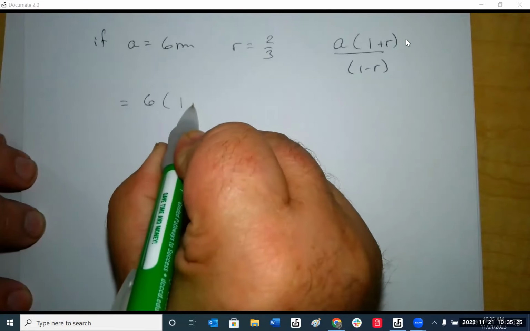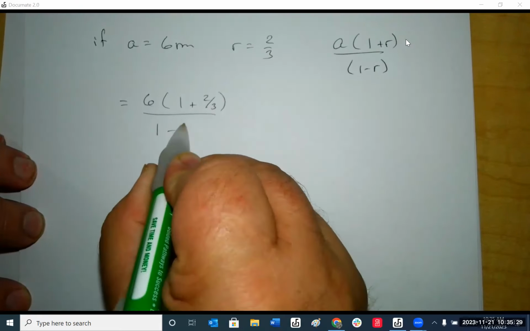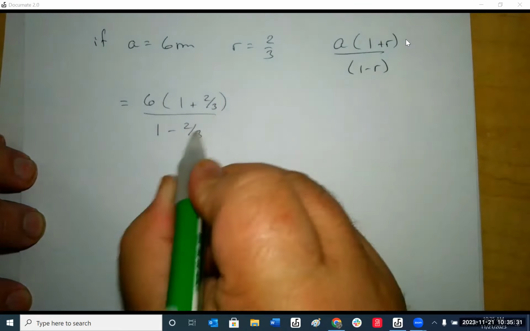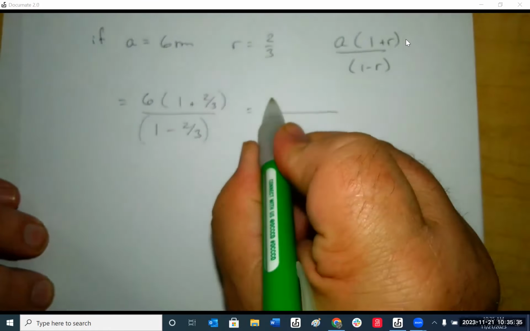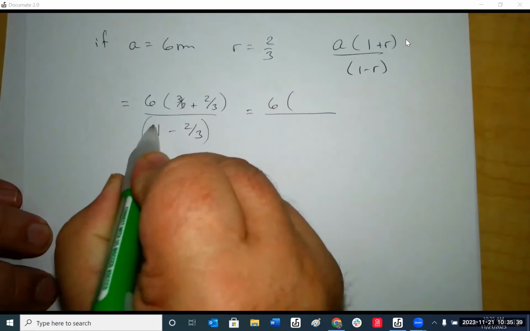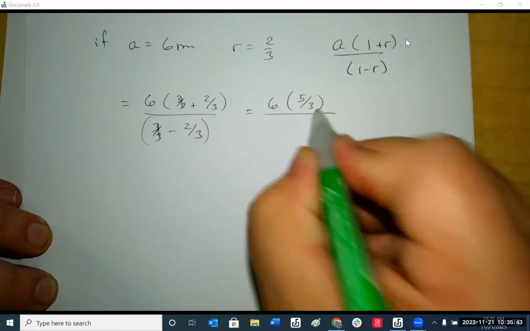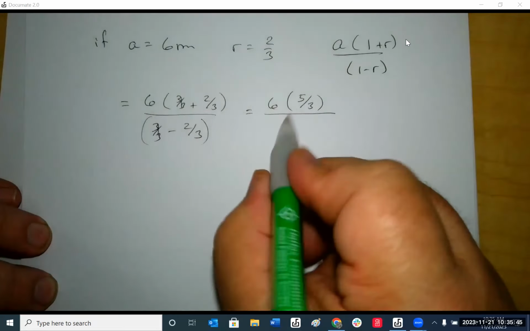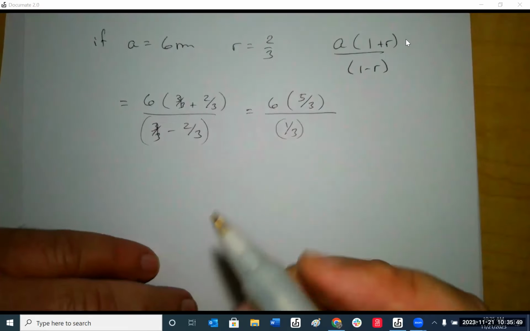6, 1 plus 2/3, over 1 minus 2/3. This is 3/3, so we have 5/3. 3/3 minus 2/3 is 1/3.